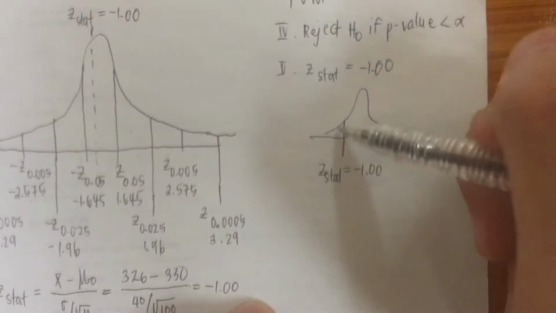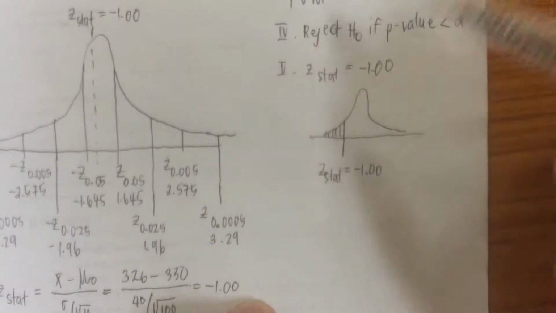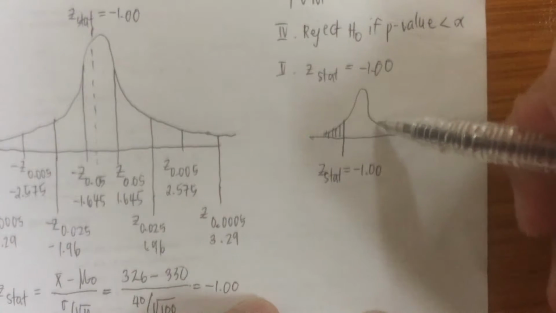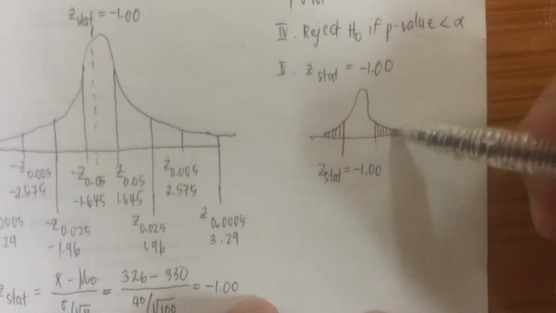So if you get the area to the left of -1, that's only 1/2 of the p-value. So for us to get the total p-value, you can just multiply this by 2. Or, in theory, add the area to the right of +1. Okay?